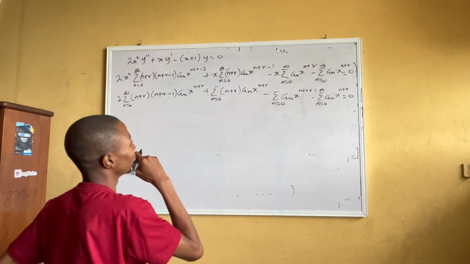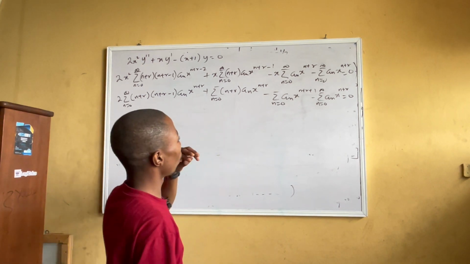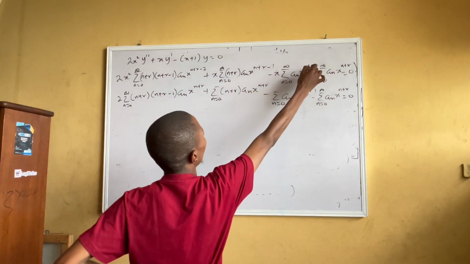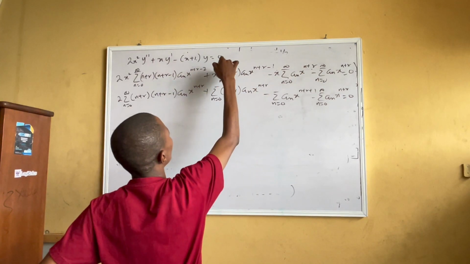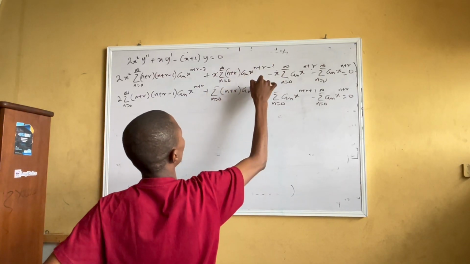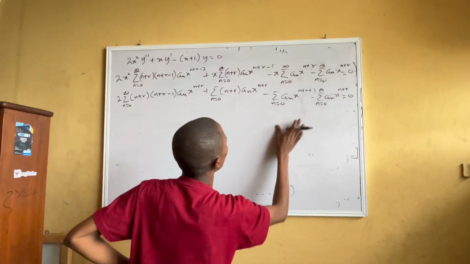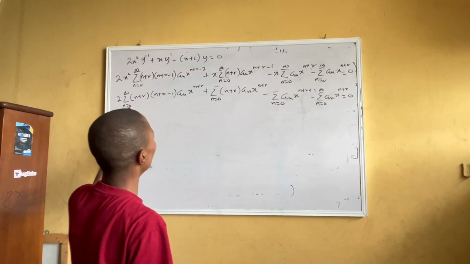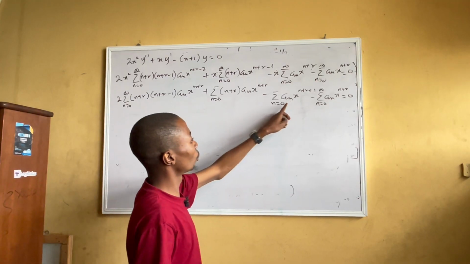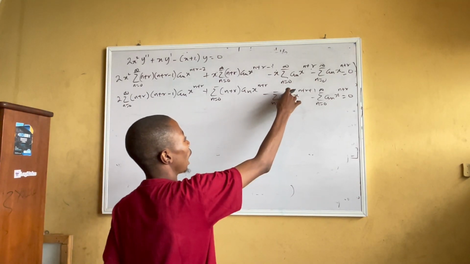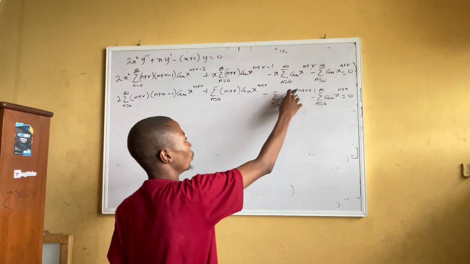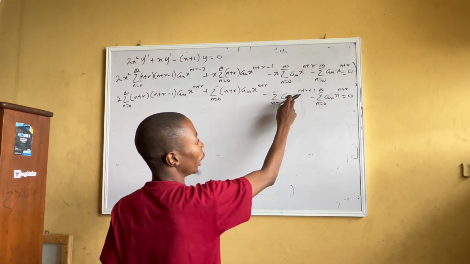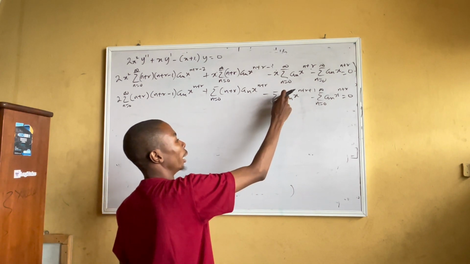So what we are going to do is, where are we starting from? From here, xy prime, x^(n plus r minus 1). We have this, we have this, we have this. Now if I count for n equals 0 and 1, if I count for n equals 0, then this one will be a1, a0 and x^r.